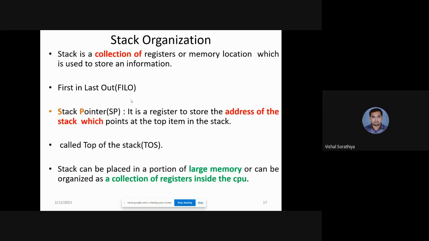A stack can be placed in a portion of a large memory, or can be organized as a collection of registers inside the CPU. So a stack is either a part, or one portion, of the large memory.